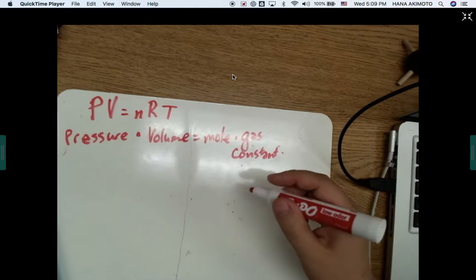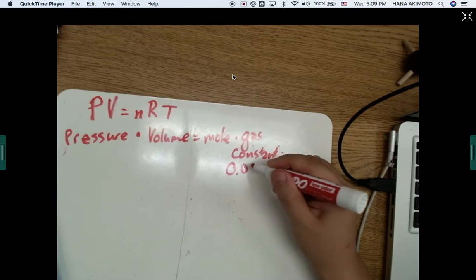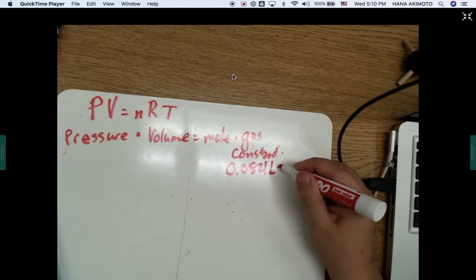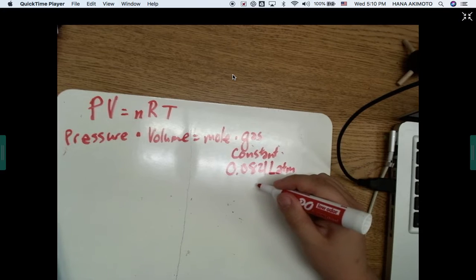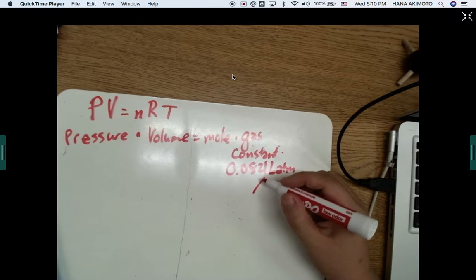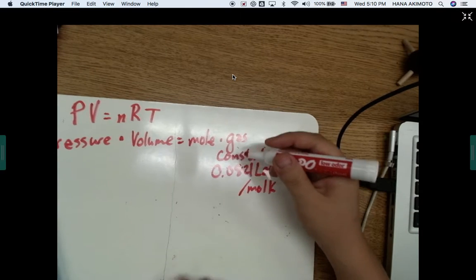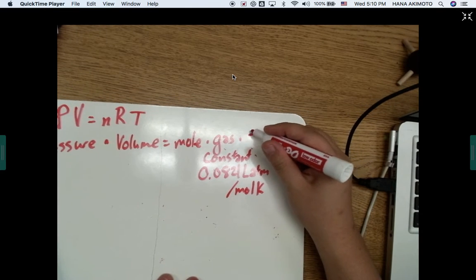So for the most part, it's 0.0821 L·atm per mole·K, times temperature.